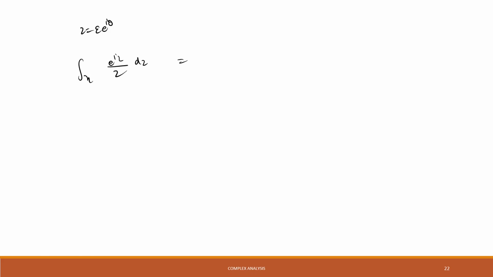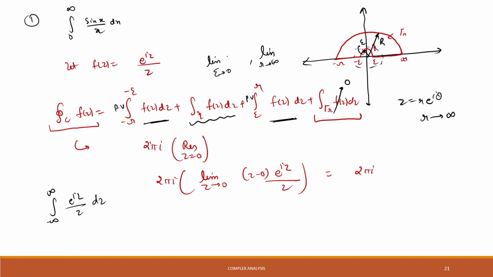We can write it as, since this arc moves from pi to 0, the limits are pi to 0 of e to the power iota epsilon e to the power iota theta, into epsilon iota e to the power iota theta d theta, divided by epsilon e to the power iota theta. We will just cancel this and we will get iota.